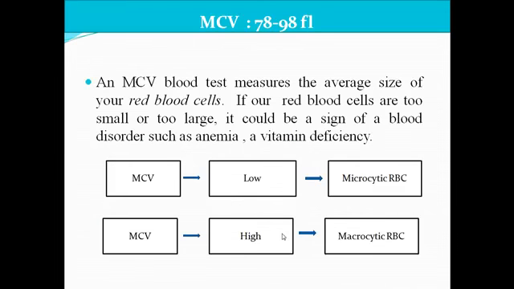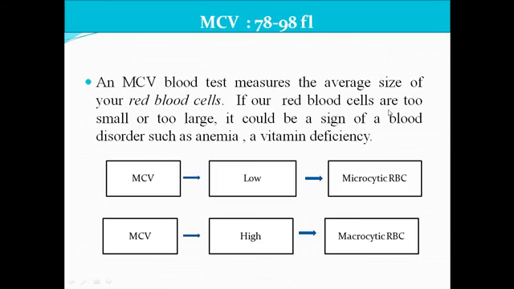Now we should go through some definitions and parameters meticulously. Without knowing this kind of parameter, it is very hard for one to explain a complete blood picture. MCV. What is MCV? This blood test measures the average size of our red blood cells.